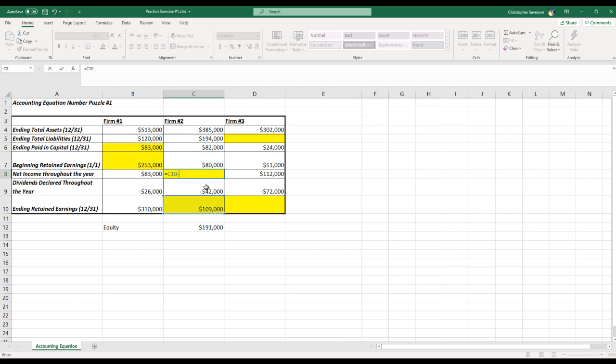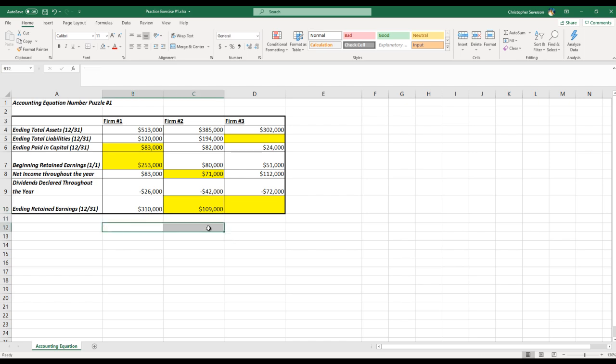So subtract this negative, which ends up adding the amount in, subtract beginning retained earnings, and we know that net income must have been $71,000. Whenever you get one of those problems where you have to reverse something, it's always a good idea, just to make sure you're on the right path, to double check your work and add it forward. 80 plus 71 minus 42, sure enough, that gives us 109,000.